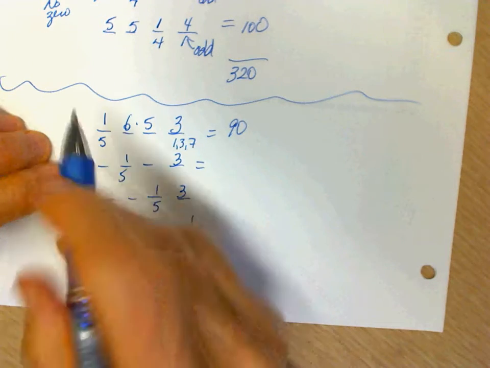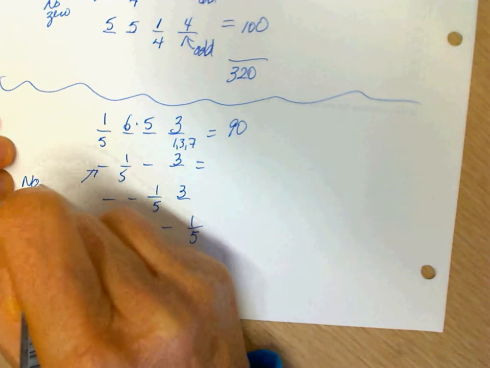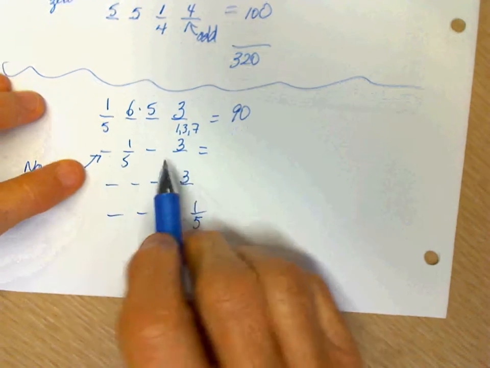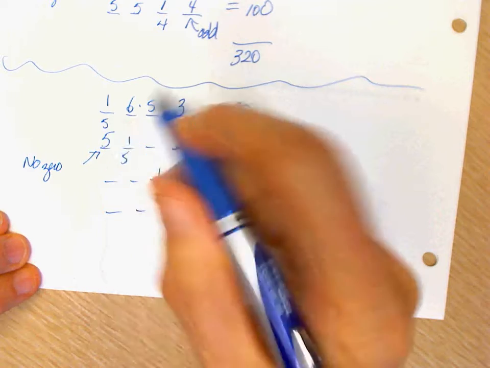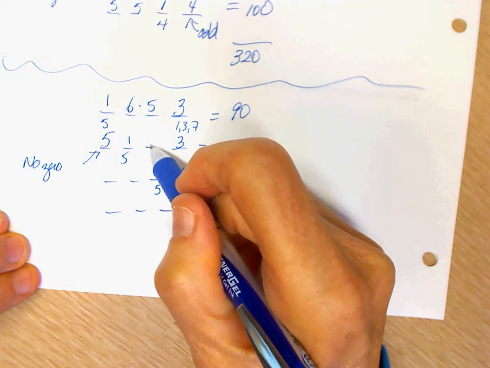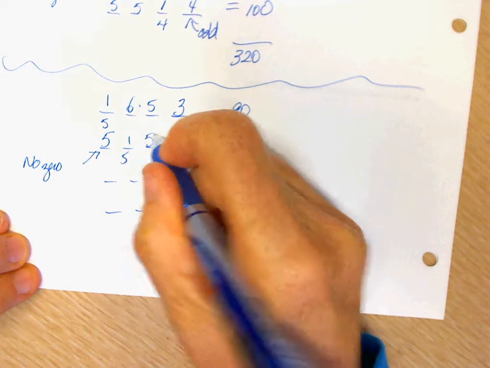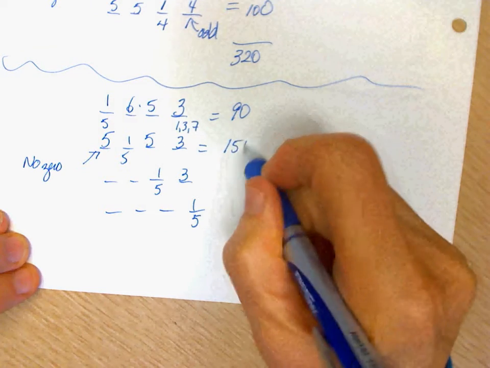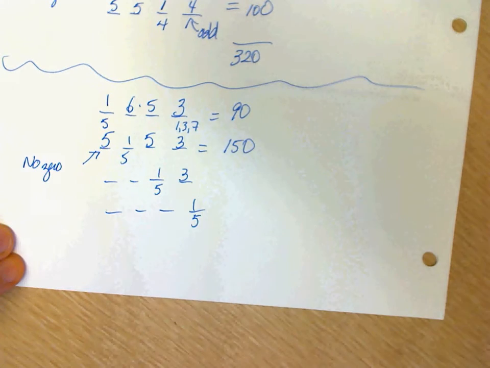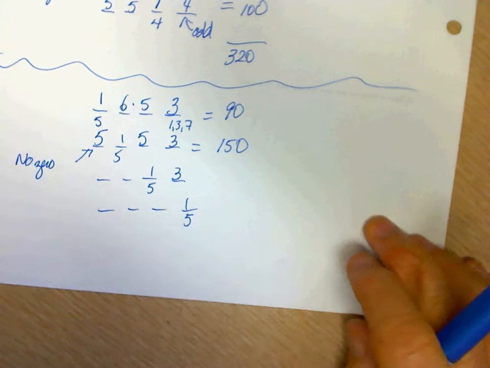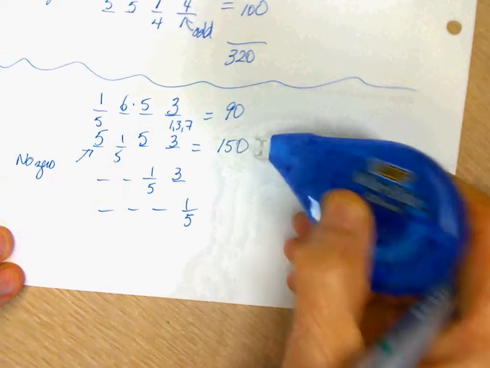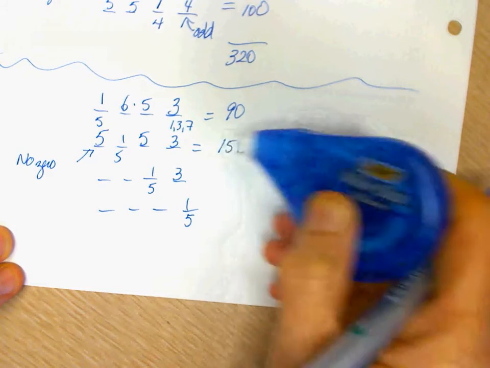Here, no 0. So we're down 3 numbers. So 8 minus 3 is 5. And here the 0 pops into play again, so that's 5, and that equals 150. No, that equals 75, I'm sorry. 3 times 25 is 75.